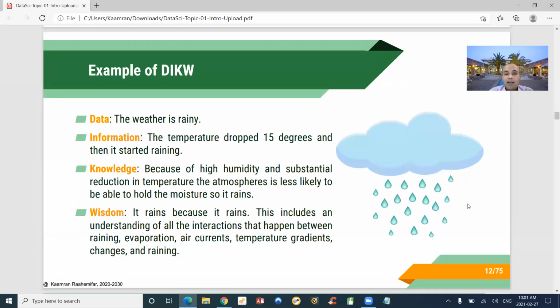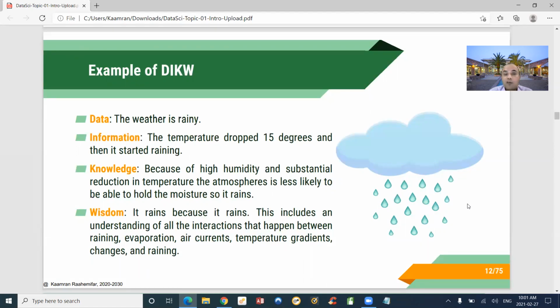And wisdom: it rains because it rains. This includes an understanding of all interactions that happen between raining, evaporation, air current, temperature gradients, changes, and raining. Now, this may not be much, but at least we know that raining is a very complex phenomenon. And what happens is that the next time the rain comes in, we will be looking at different parameters, variables that we need to base our judgment on.